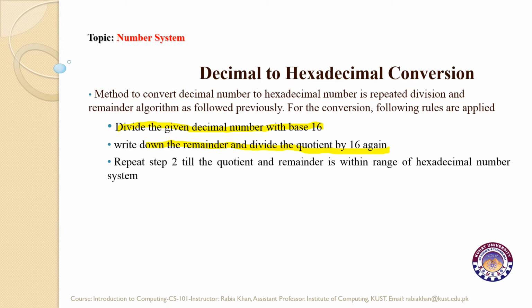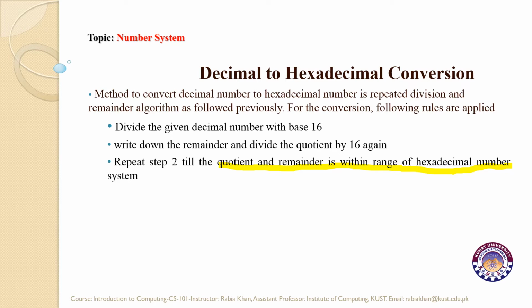This process will go on until we get the remainder and quotient within the range of the hexadecimal number system. If the remainder and quotient come within the range of hexadecimal numbers, we will stop the division process.